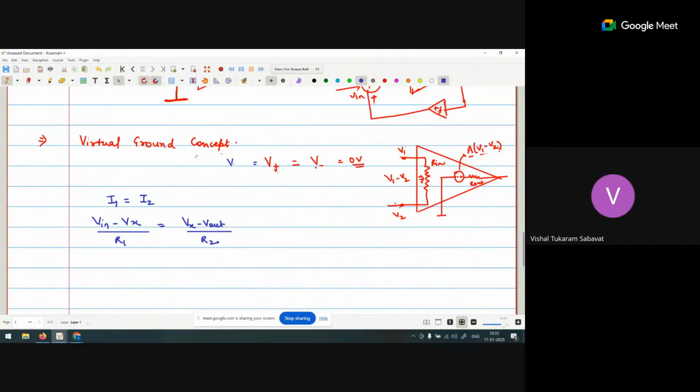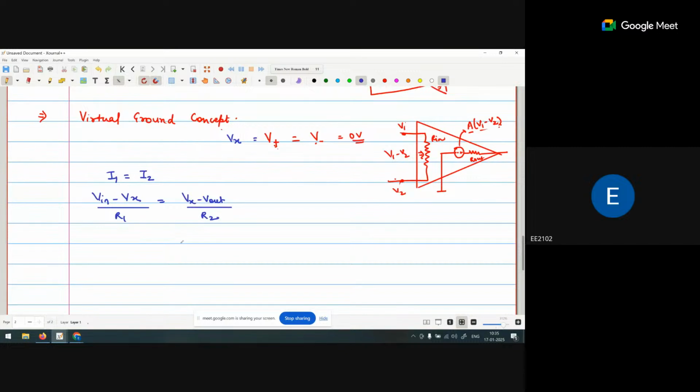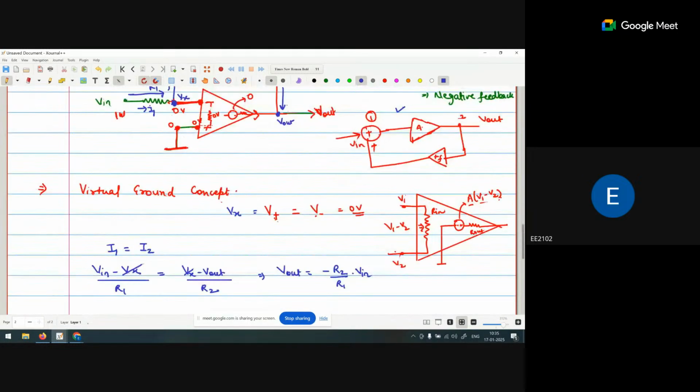Any doubt? Okay, so Vx is 0 volt. So what is Vout? Vout is equal to minus (R2/R1) times Vin.